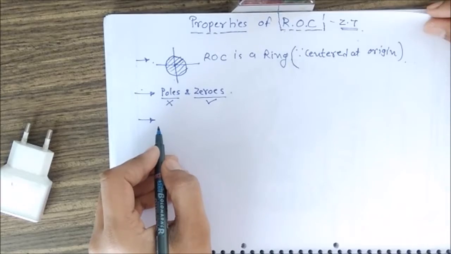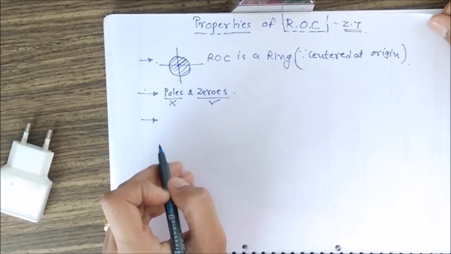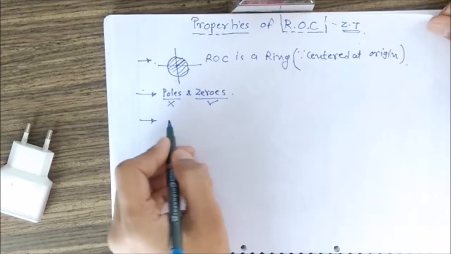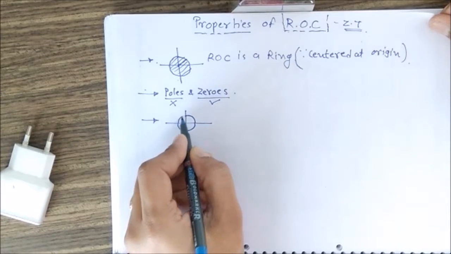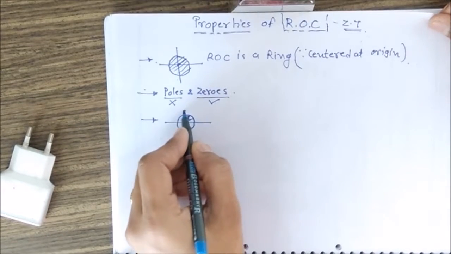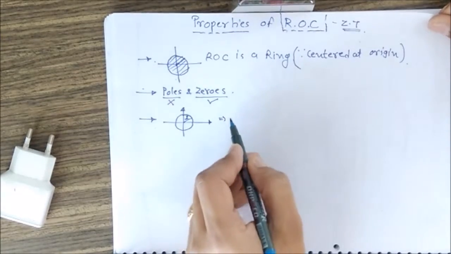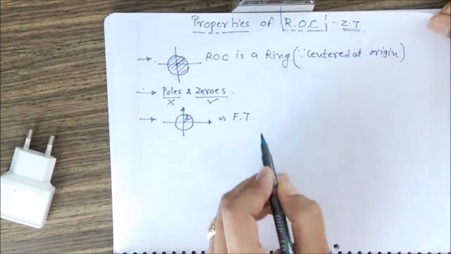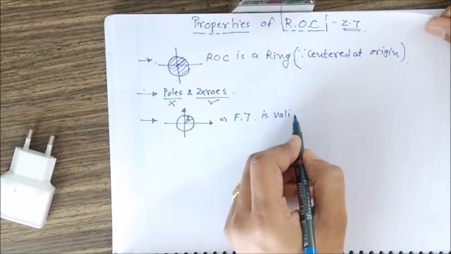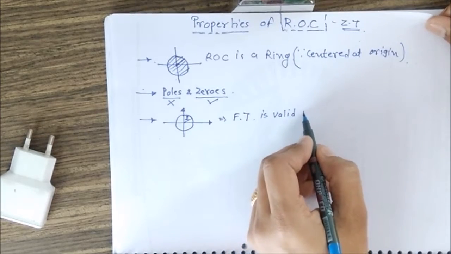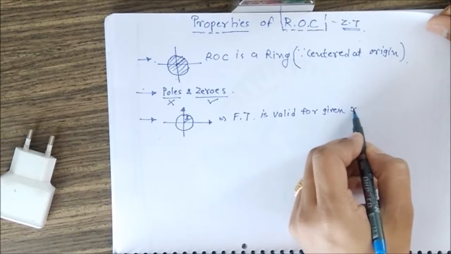Third important property, ROC of X(z) includes the unit circle. If the ROC, region of convergence, includes the unit circle with radius 1 within the ROC, then the Fourier transform DTFT is valid, or it can be calculated for a given x of n.